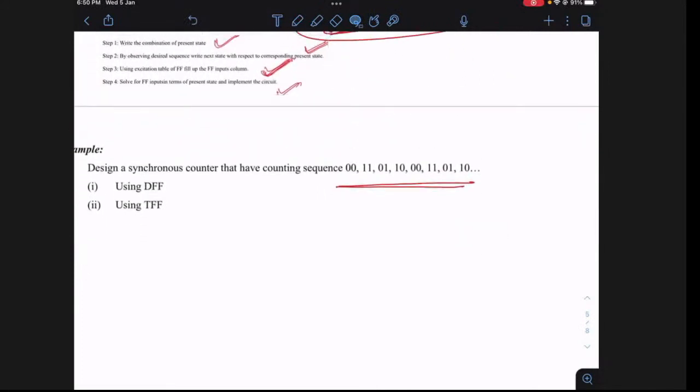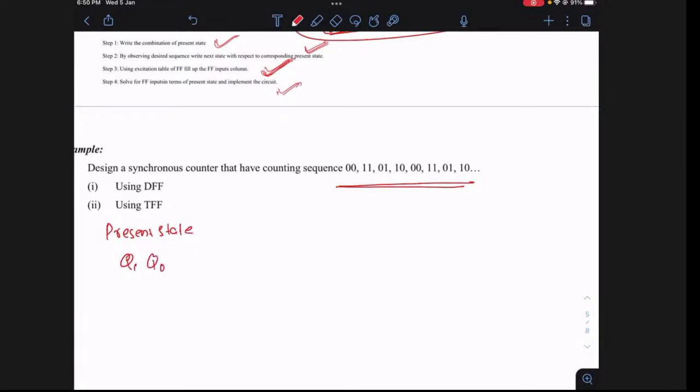What is the first step saying? Write the combination of the present state. So in this case, I'm making a table where I can finish my job. Present state: here I'm writing Q1 and Q0.